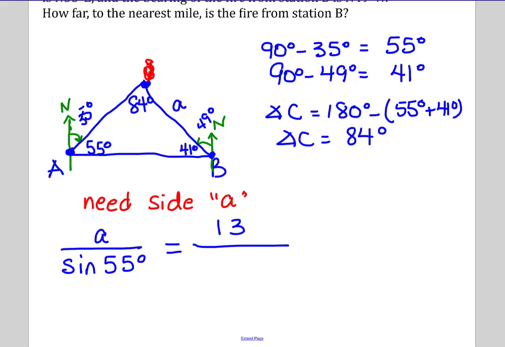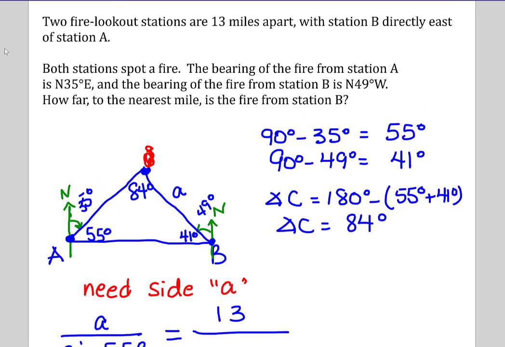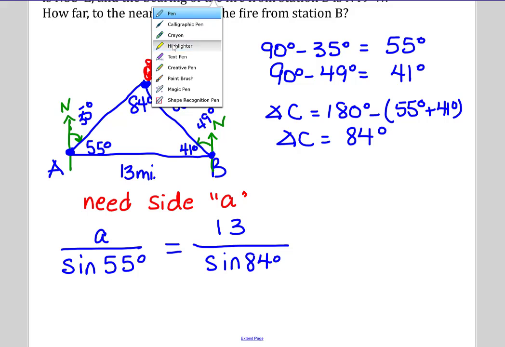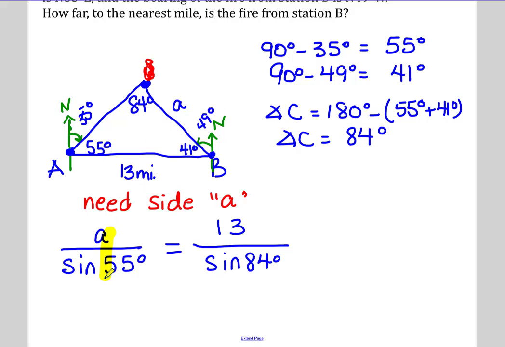Wait, where did I get that? Because I missed that. The fire lookouts are 13 miles apart. 13 over sine of 84 degrees. So what do we need? We need sine 55 times 13 divided by sine 84. That'll tell us how far apart the fire is from fire station B.